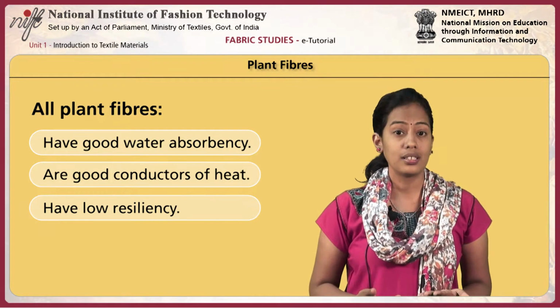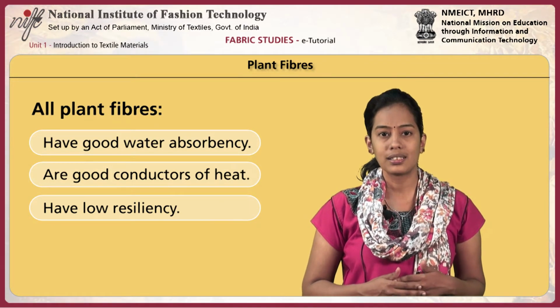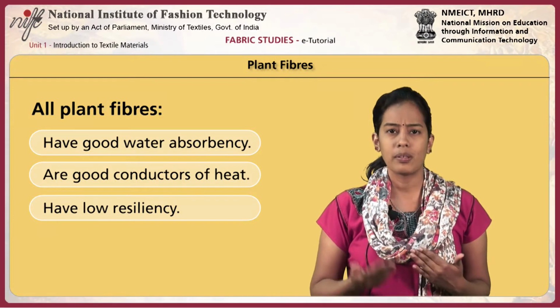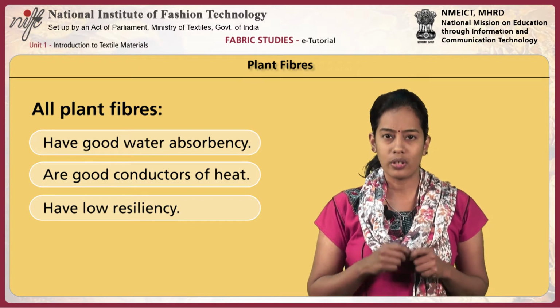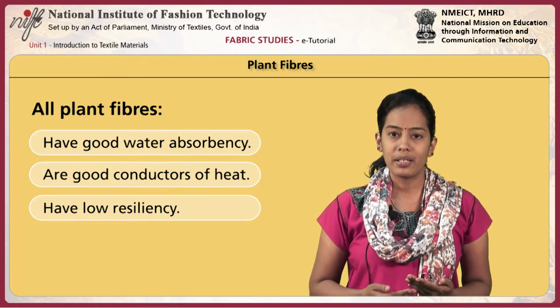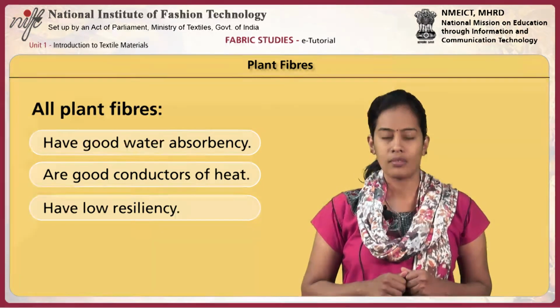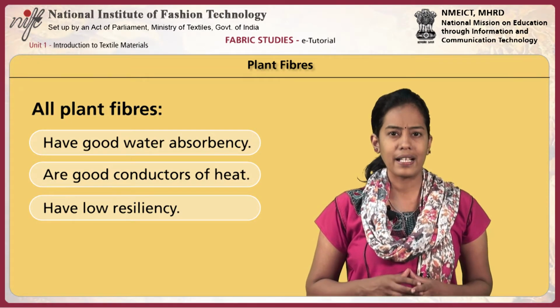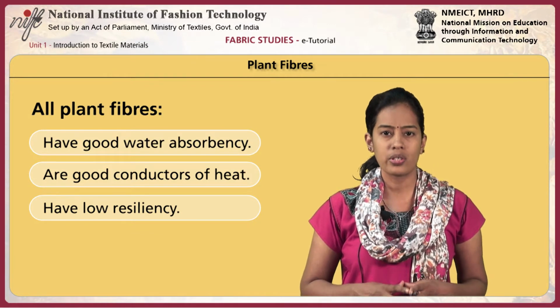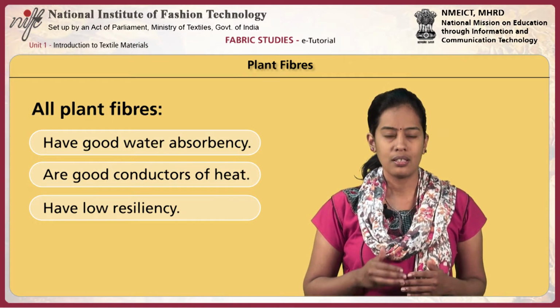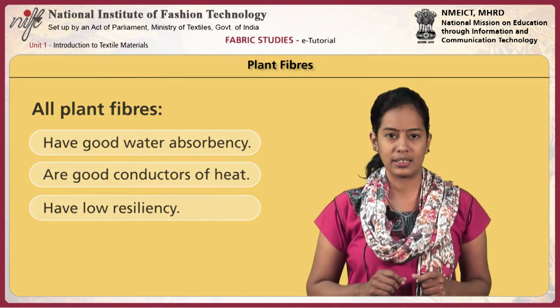They are also good conductors of heat and thus found to be ideal summer wear. As most of the plant fibers have low resiliency, fabrics made out of them wrinkle badly. Natural fibers except silk are usually available in the form of short fibers in the range of a few inches.